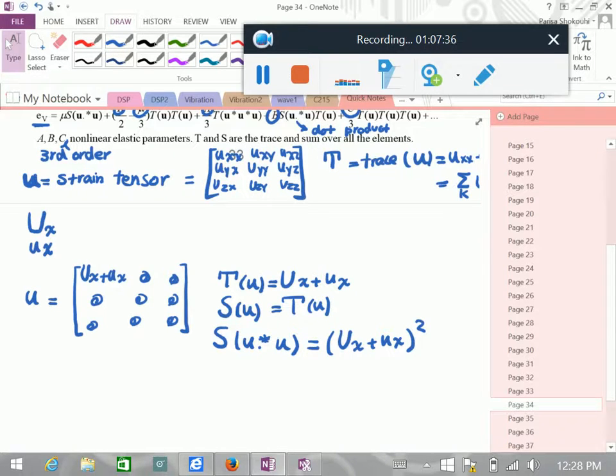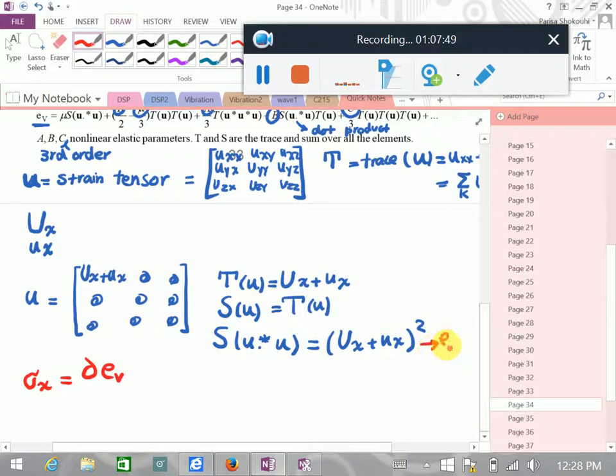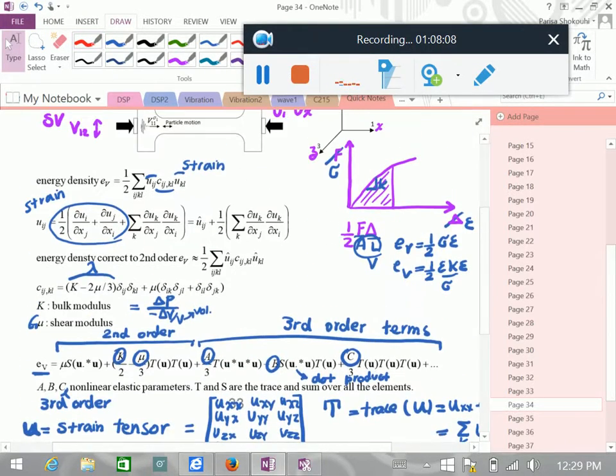So then we have to calculate sigma. Right. And sigma, once we have the energy density, we just take the derivative of energy density with respect to ux, or the large one, it will be the same, gives us sigma. This is a general assertion.